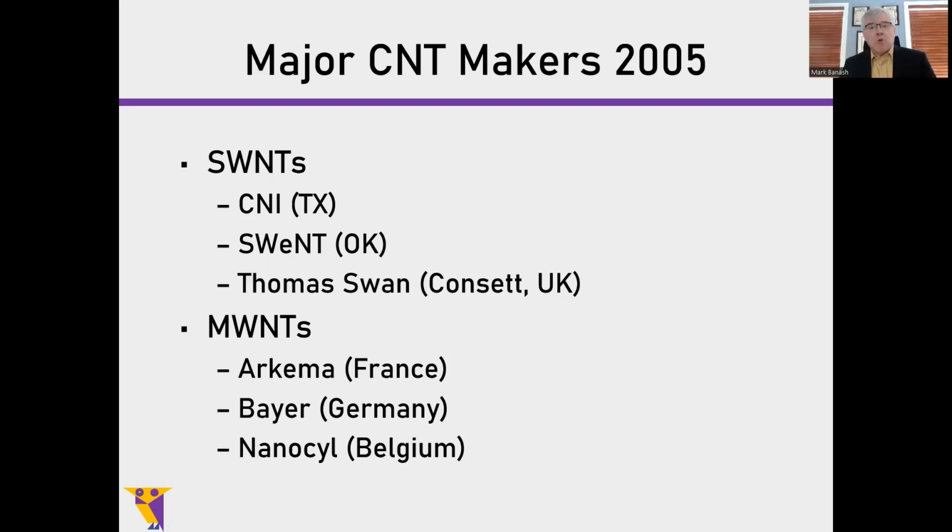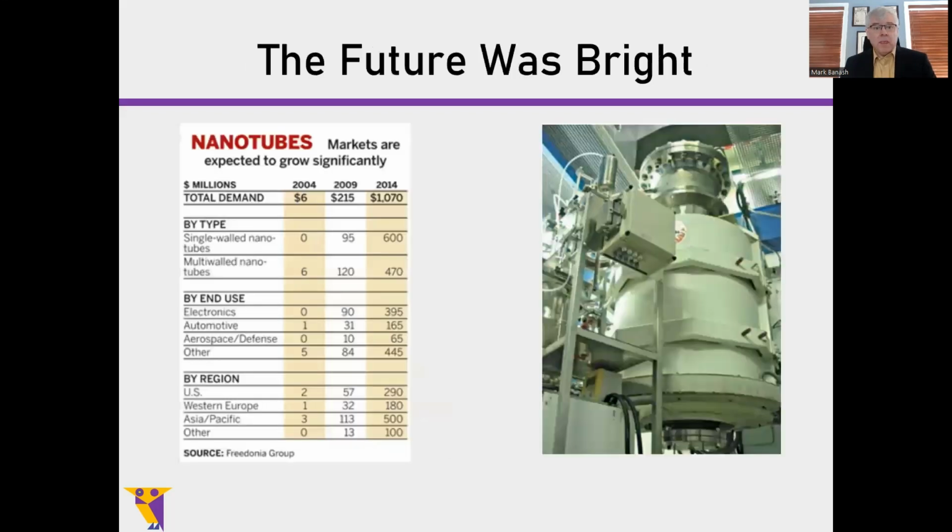It was more typical chemical companies, Arkema, Nanosil, and Bayer. Nanosil is right now the only one of these companies that, to my knowledge, still makes multi-wall nanotubes for their own sake. None of these other companies make a standalone carbon nanotube product any longer.